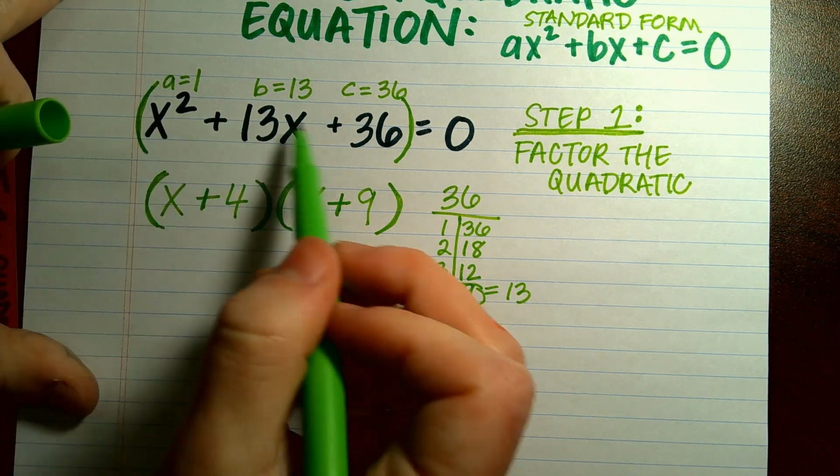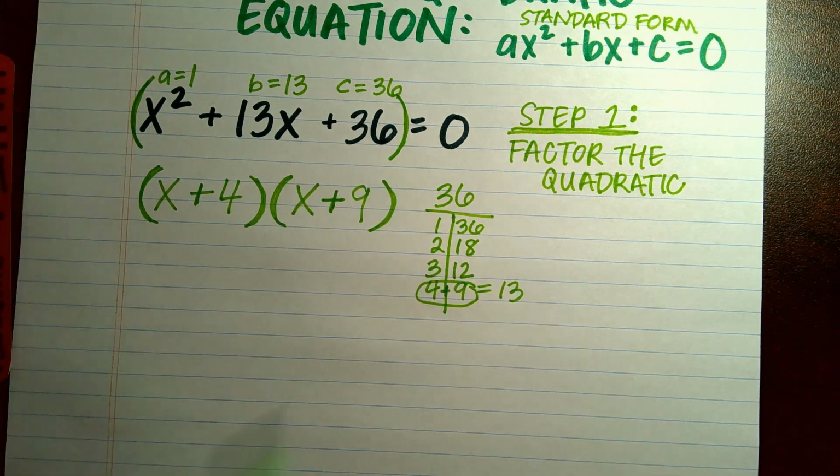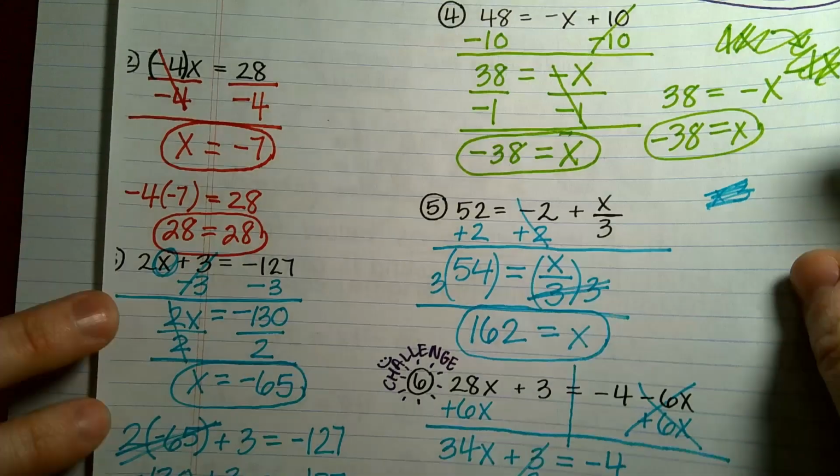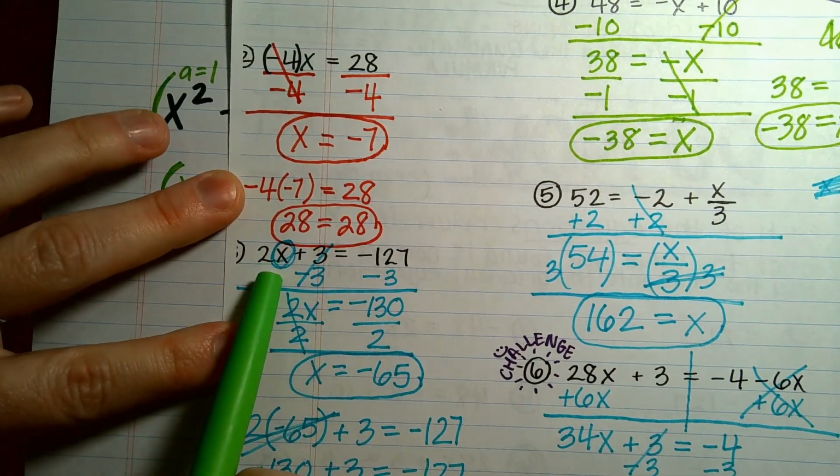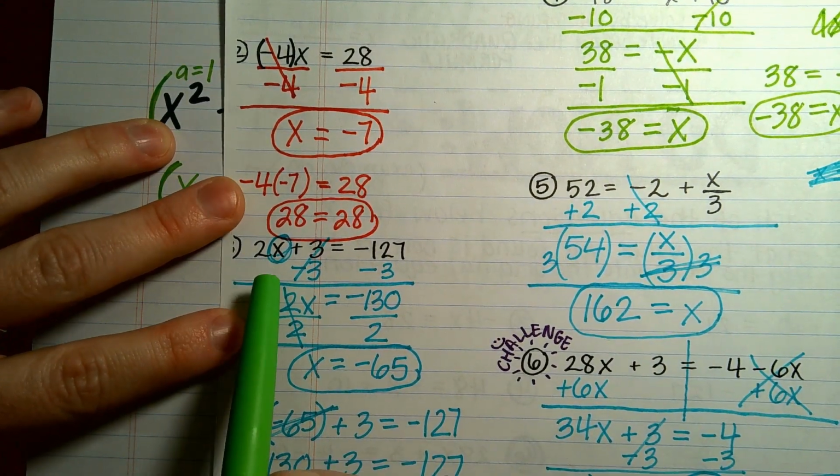What I've done is, let me think of the best way to explain it. Just like in our example we did in the Do Now, for any of these problems, I'll talk about this one, number 3.